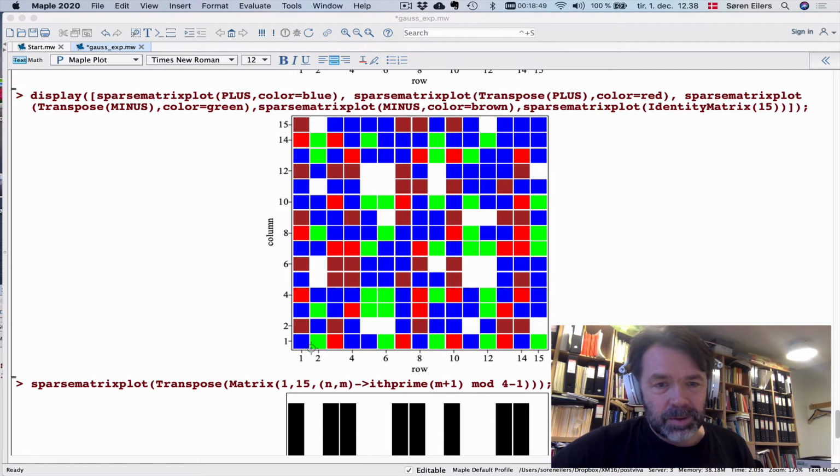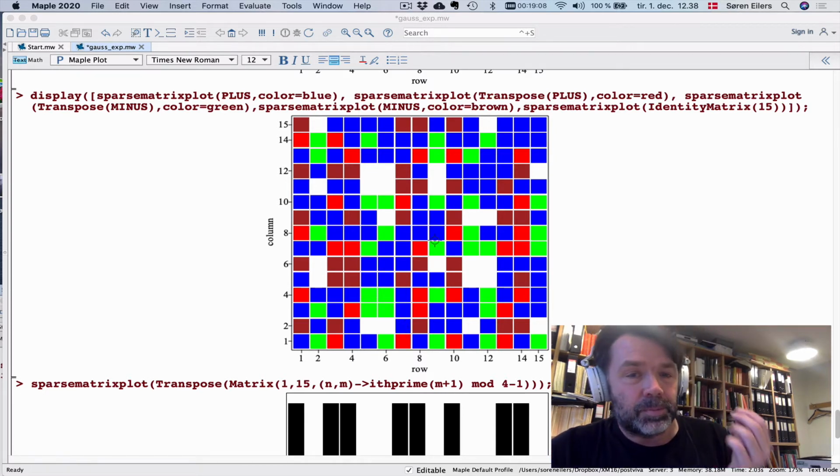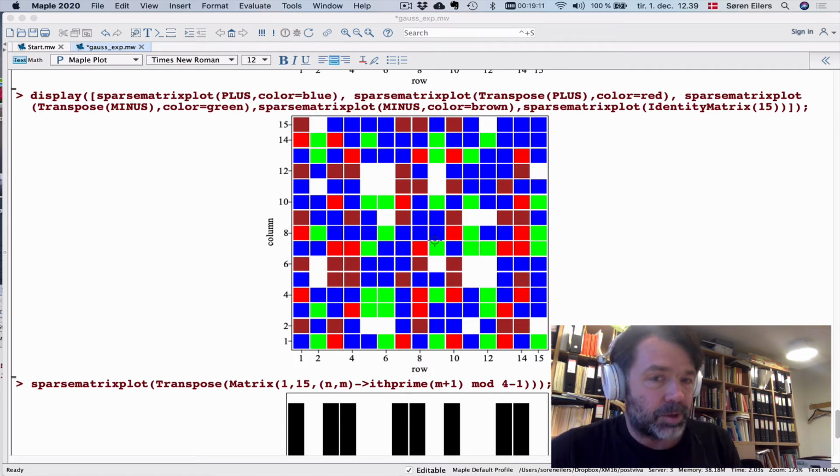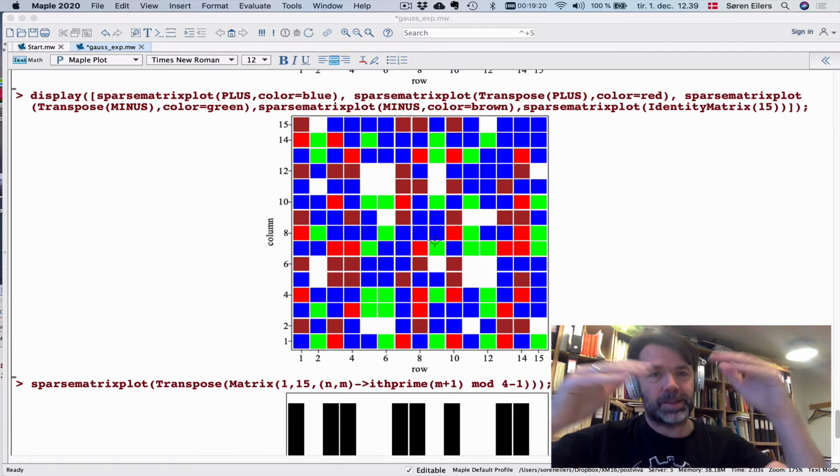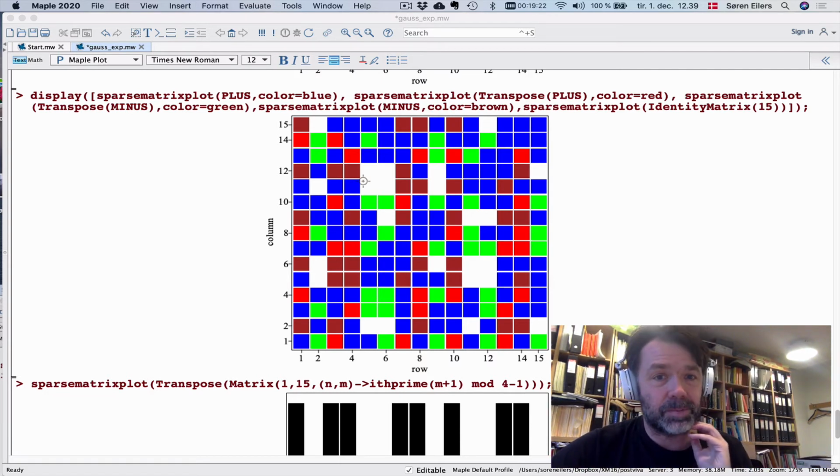But what seems to happen is that whenever I have a blue value in one of these rows, its mirror image is also blue. So this one is this one, this one is this one, and so on. So what seems to happen is that if P is a quadratic residue mod Q, and P is 1 mod 4, then Q is also a quadratic residue mod P. Because this is the basic information, since I printed this at the very top.